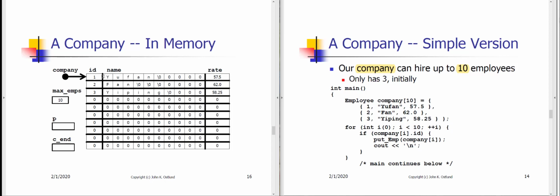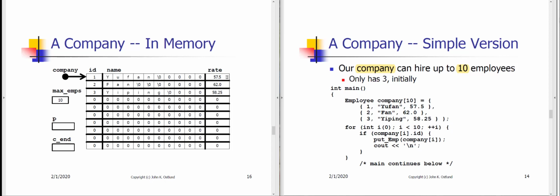Depending on your processor, there may or may not be some unused padding bytes between the integer and the character array, or between the end of the character array and the rate. But if your system is using a modern Intel processor, there won't be any padding. That's just going to be contiguous memory all the way across for each one of those structures.